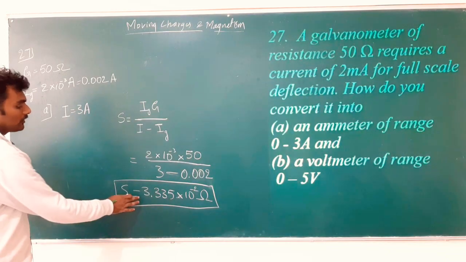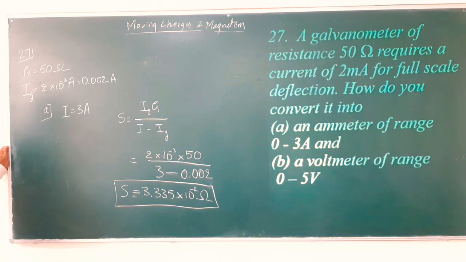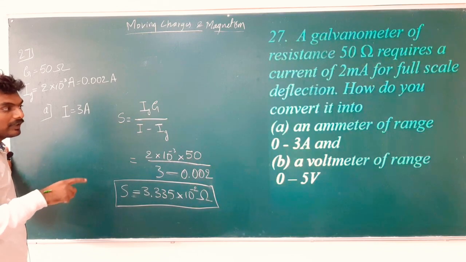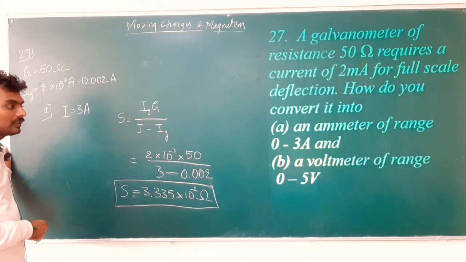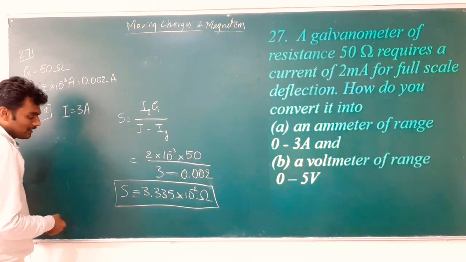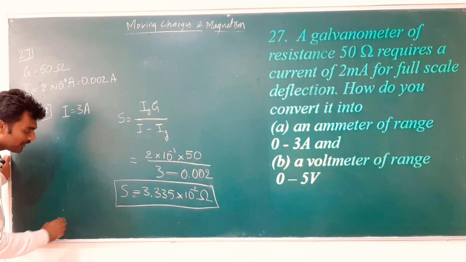But this is not the final answer. The question is, how do you convert the galvanometer into an ammeter of range 0 to 3 ampere? So we need to convert. How do we convert it? This is the resistance which has to be connected in parallel. Therefore, this is how you should keep the final answer.